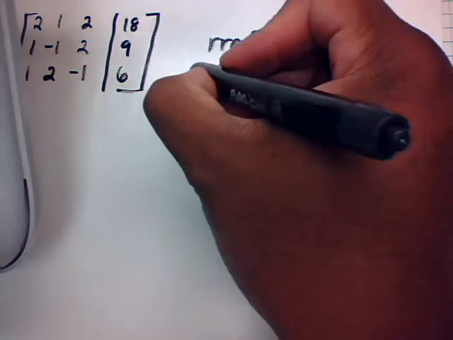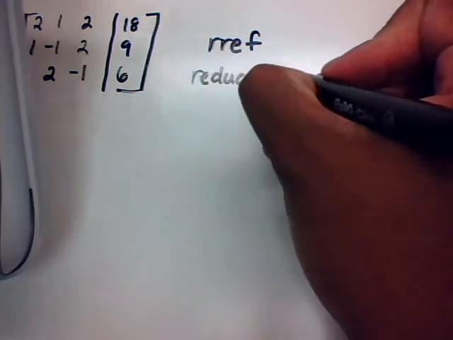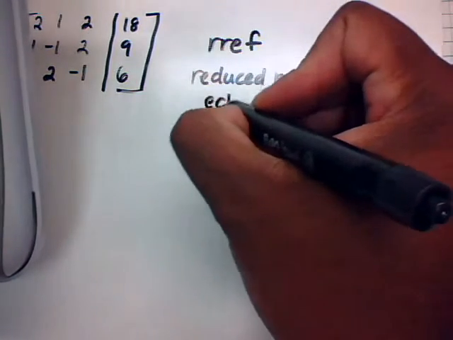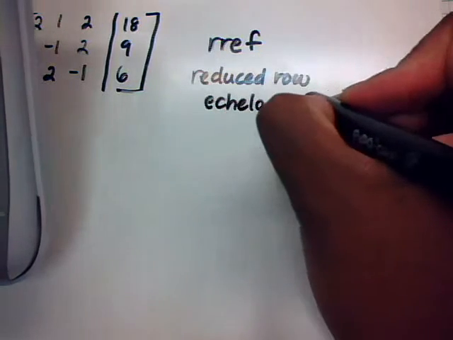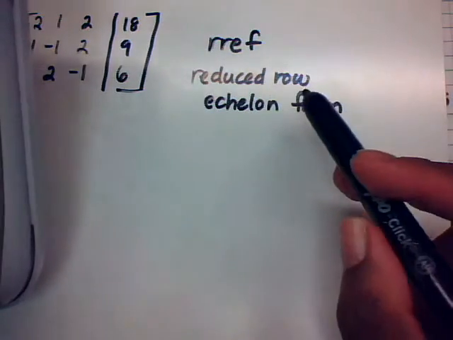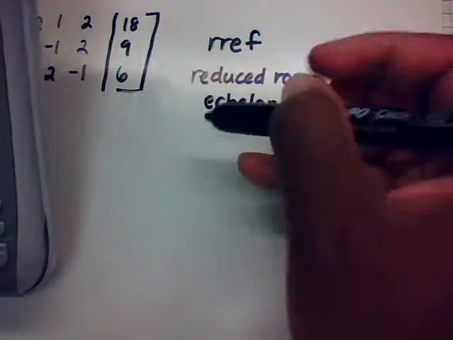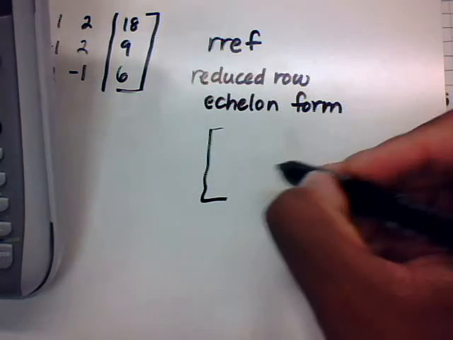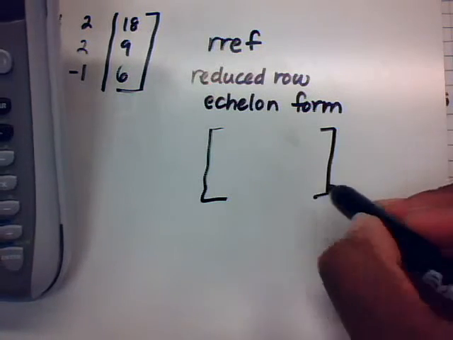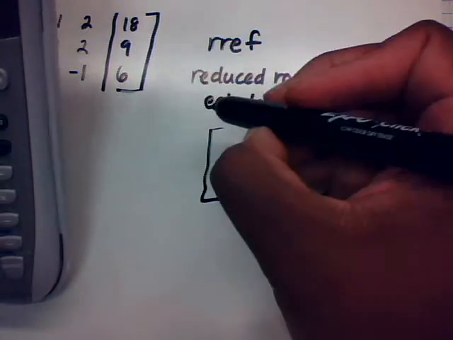RREF is the abbreviation for Reduced Row Echelon Form. What that means is this. Now, in row echelon form, you had ones along the main diagonal and zeros underneath it.